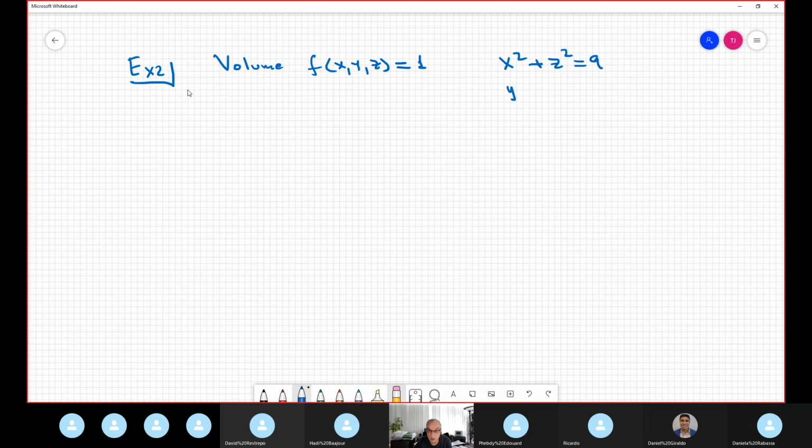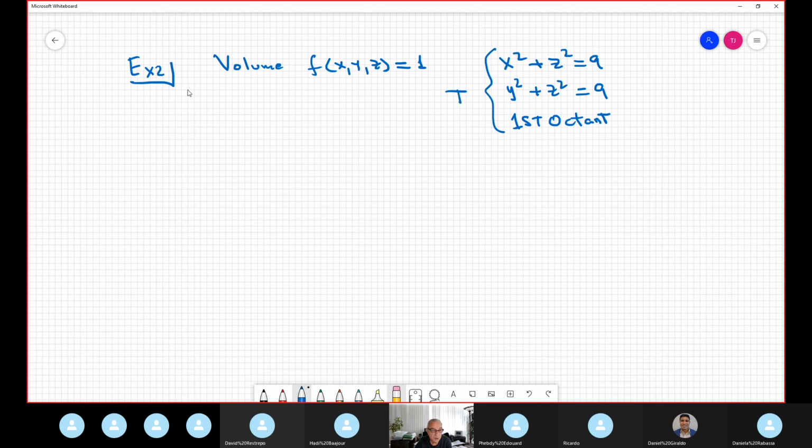Another cylinder, y squared plus z squared equal 9 again. And this is bounded by the first octant. This is the solid T.